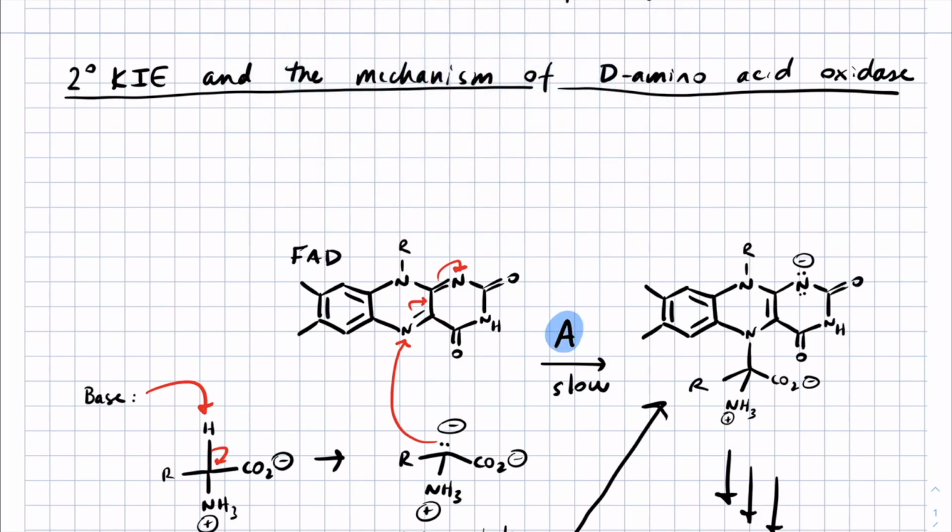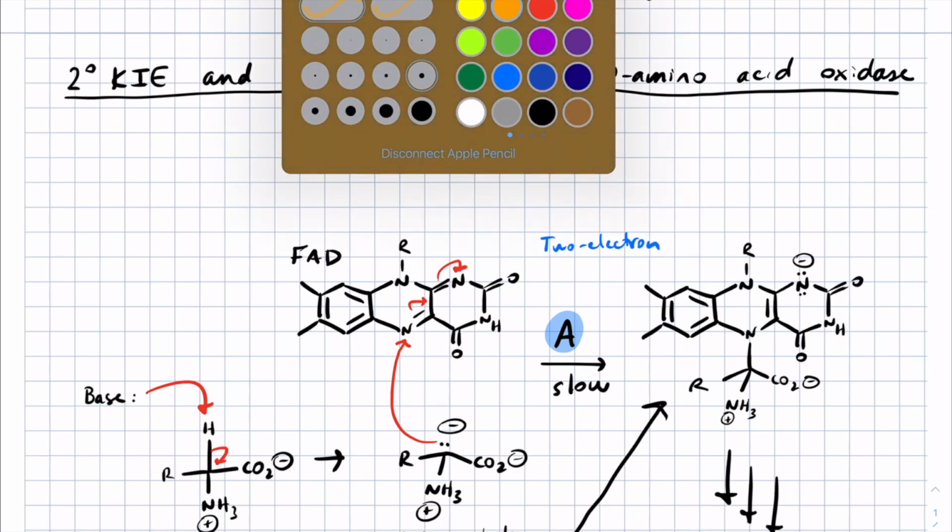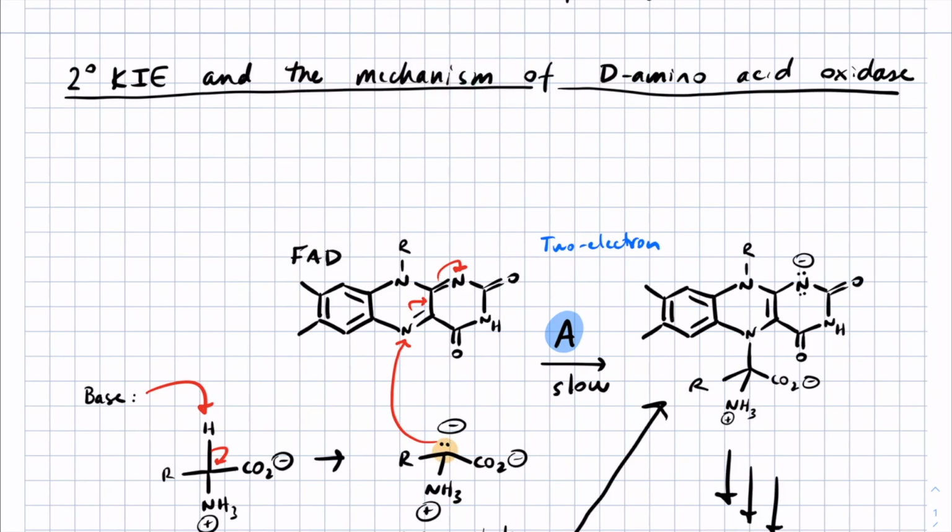path A, is a 2-electron pathway. You have the alpha carbon of your enolate attack one of the nitrogens of FAD in a typical nucleophile attacks electrophile fashion. There are places for the electrons to go because of this extended conjugated system, and you create a new carbon-nitrogen bond, and you move this pi bond over here, and this pi bond out as lone pairs on the nitrogen.